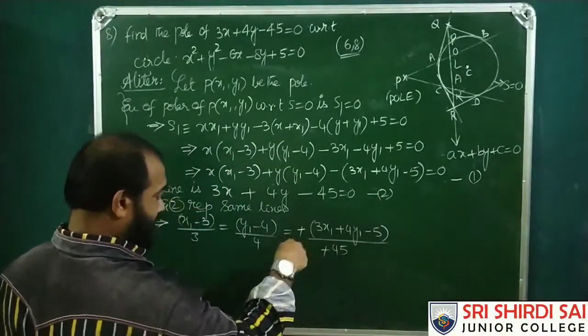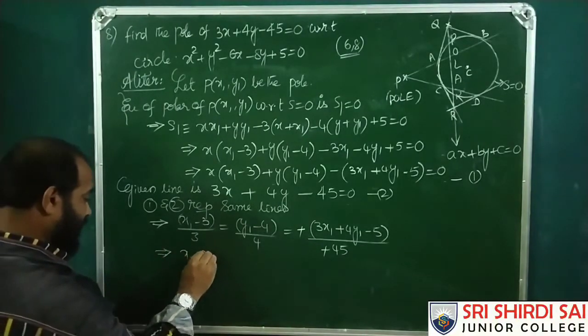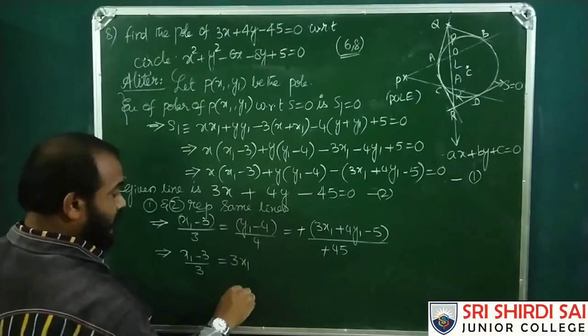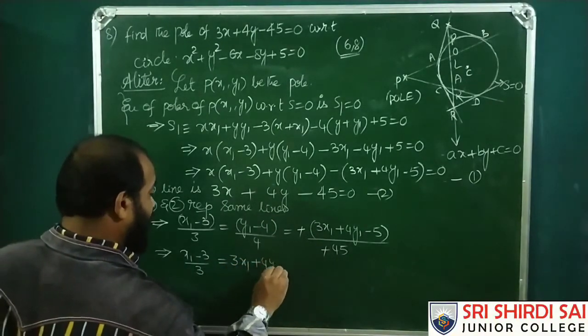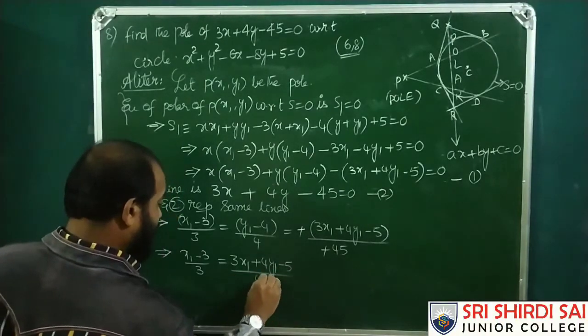So minus gets cancelled, implies x1 minus 3 by 3 is equal to 3x1 plus 4y1 minus 5 by 45.